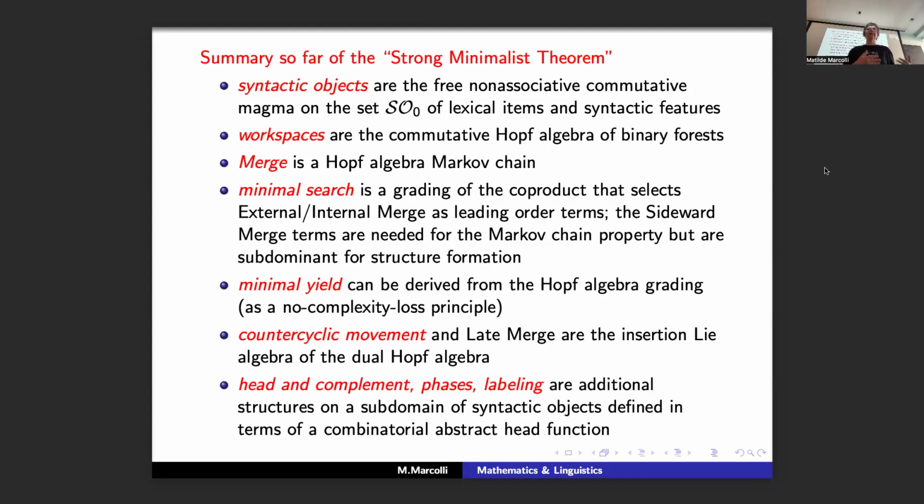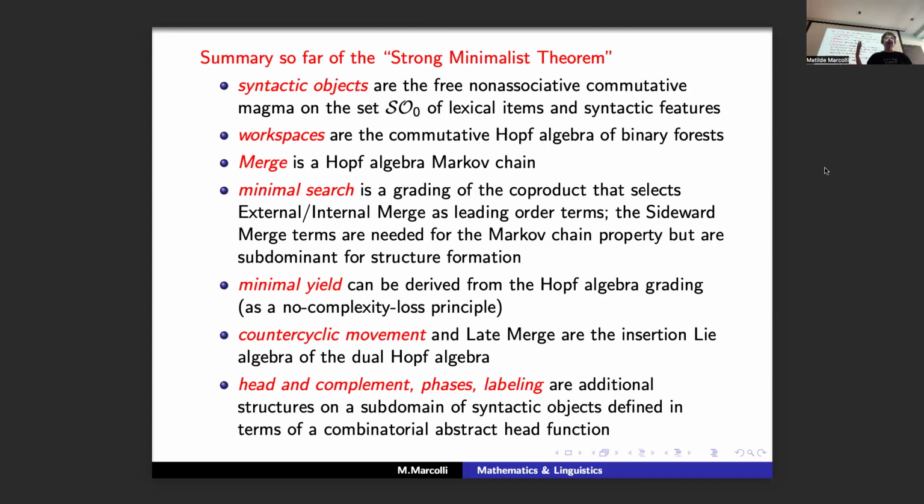So the primitive elements of the dual Hopf algebra with the Lie bracket coming from this insertion. And the last thing that I was discussing last time is more refined. Up to this point is just the part that has to do with free structure formation, in the sense that this generates all the possible structures.